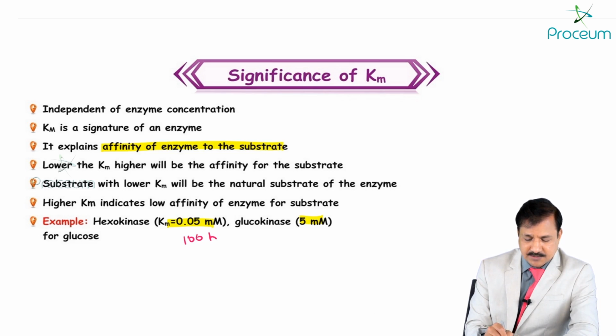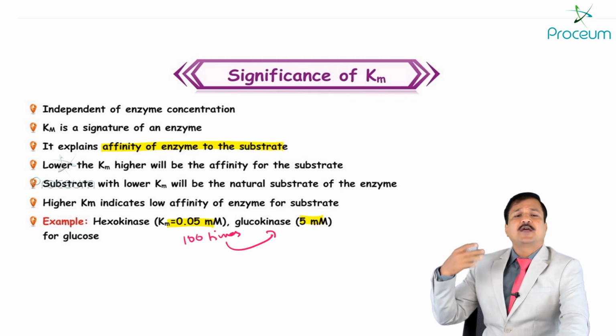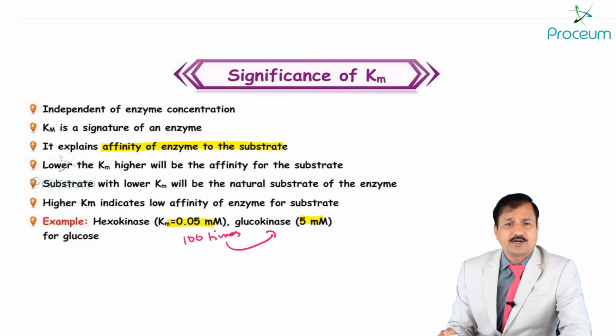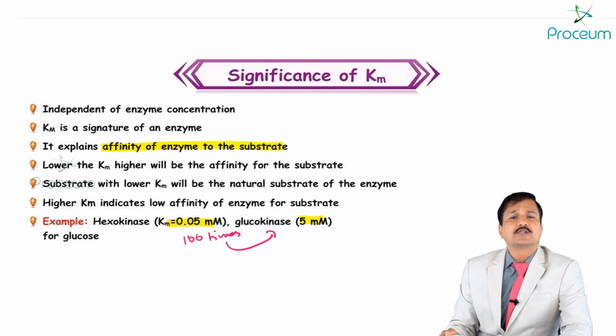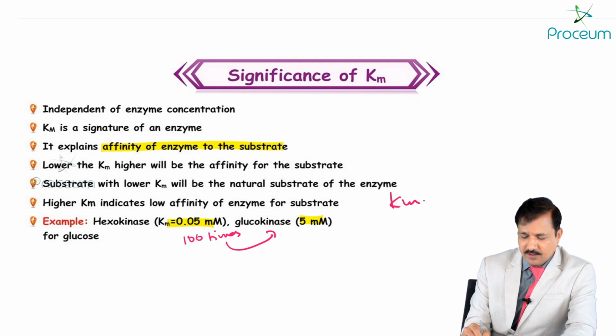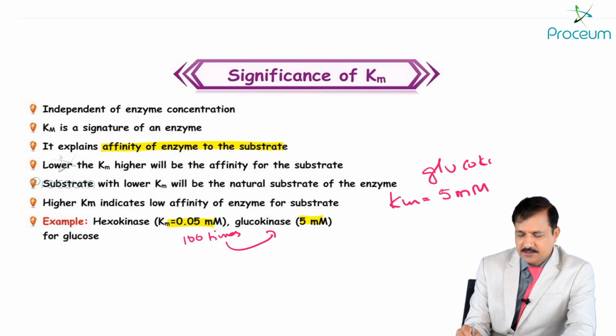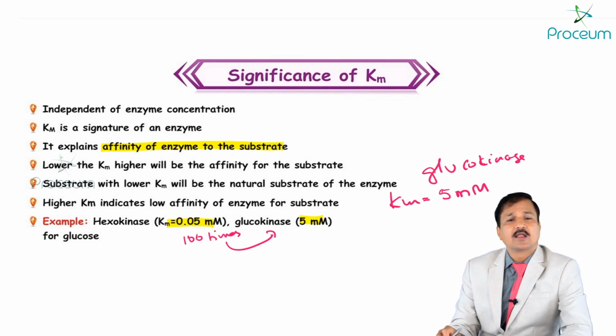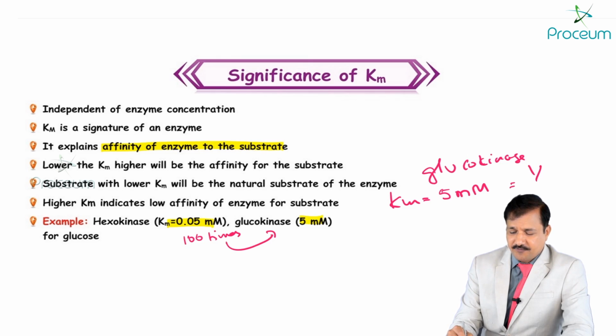That means glucokinase needs 100 times more glucose concentration to reach its half maximum velocity, because these are Km values. For glucokinase, Km is 5 millimoles. That means at 5 millimoles of glucose, it reaches half maximum velocity.